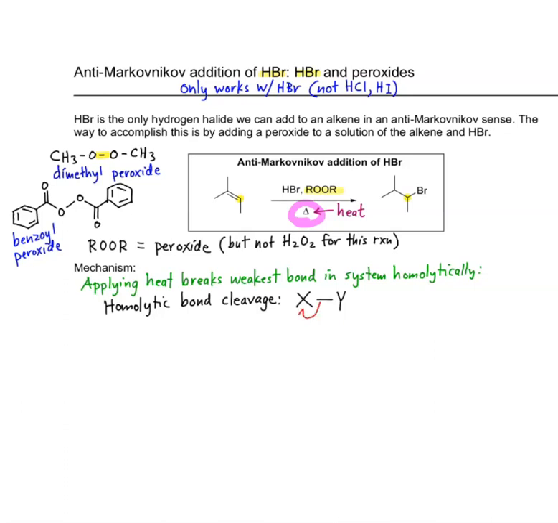So one electron goes with X, one electron goes with Y, and we end up with these guys. So each atom gets one electron. So that's a homolytic bond cleavage. In a heterolytic bond cleavage, one of the atoms would get both of the electrons in the bond. But that's not what's happening here.